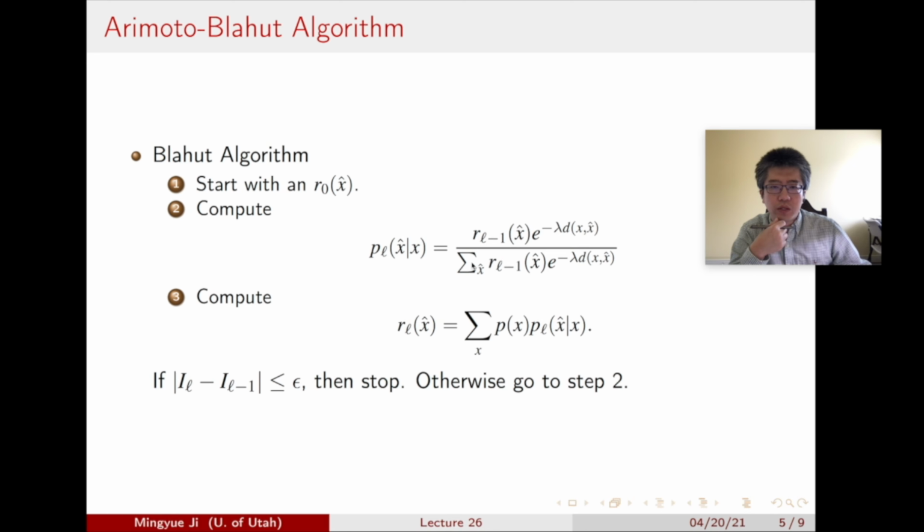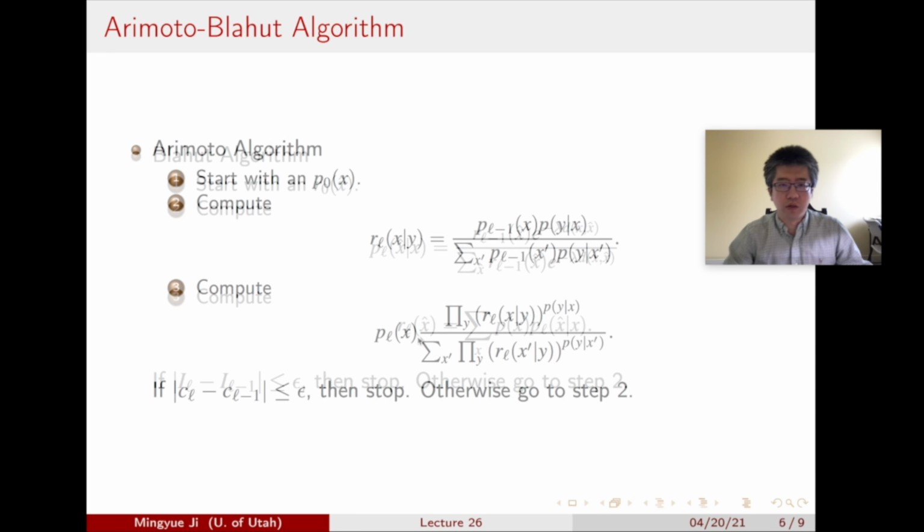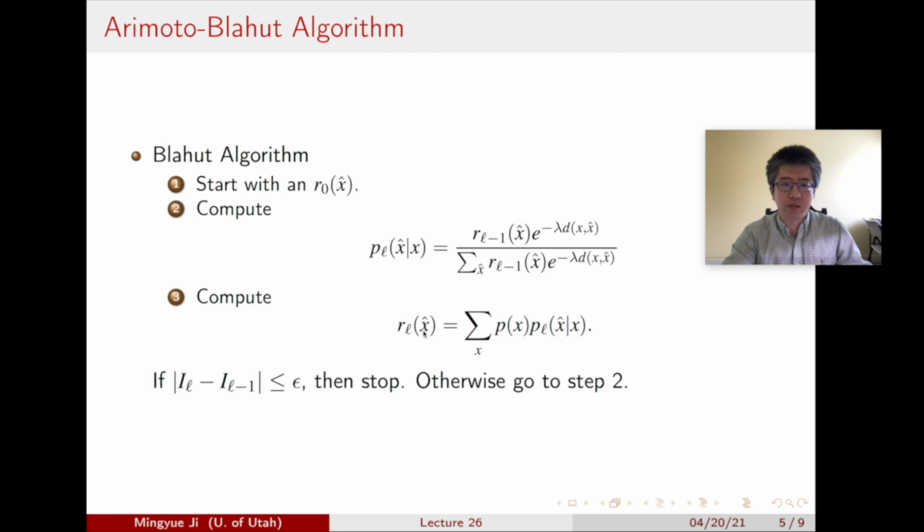And we keep doing this until the algorithm converges. By the way, in class we also gave an approach where we only do the updating on this one. It's a mathematical trick, but you can see it if you're interested.